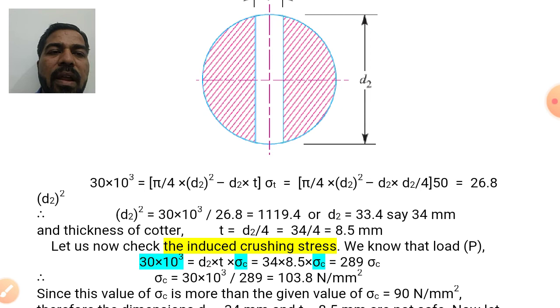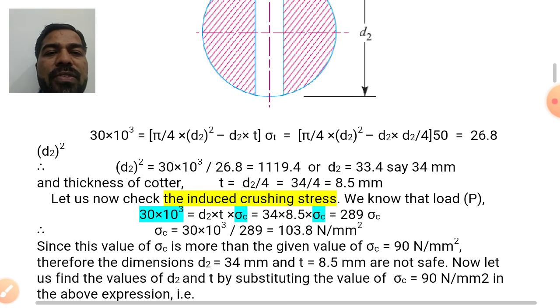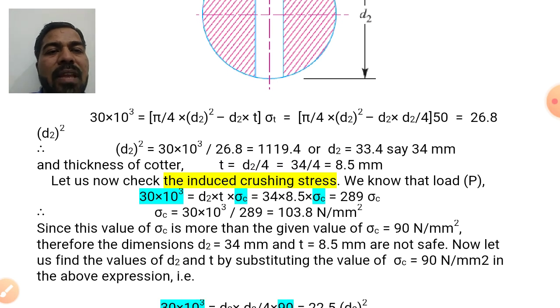We will obtain sigma c is equal to 103.8 Newton per mm square. Since this value of sigma c is more than the given value of sigma c, which is 90 Newton per mm square, the dimensions d2 equal to 34 and thickness t equal to 8.5 mm are not safe.